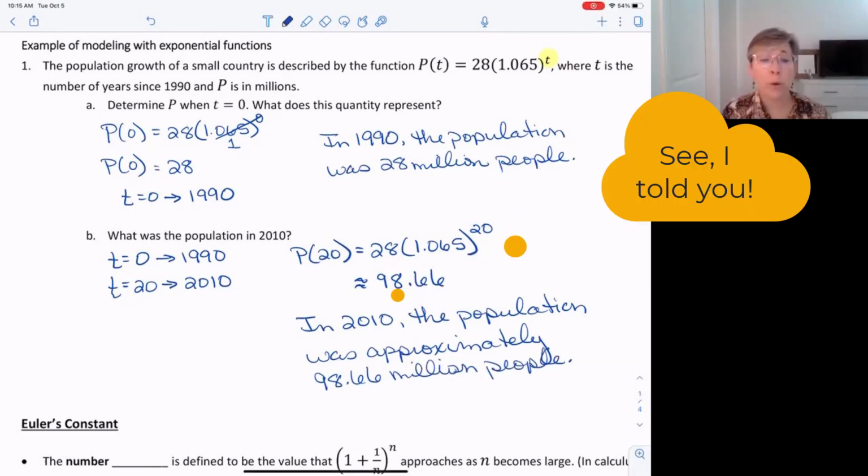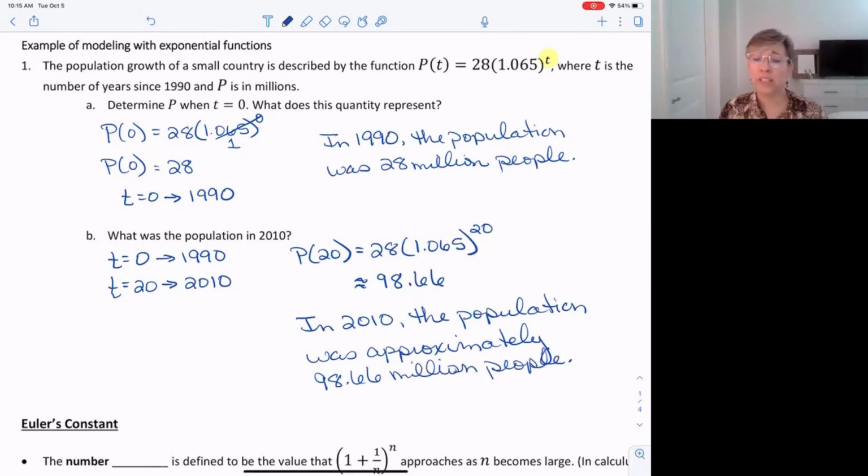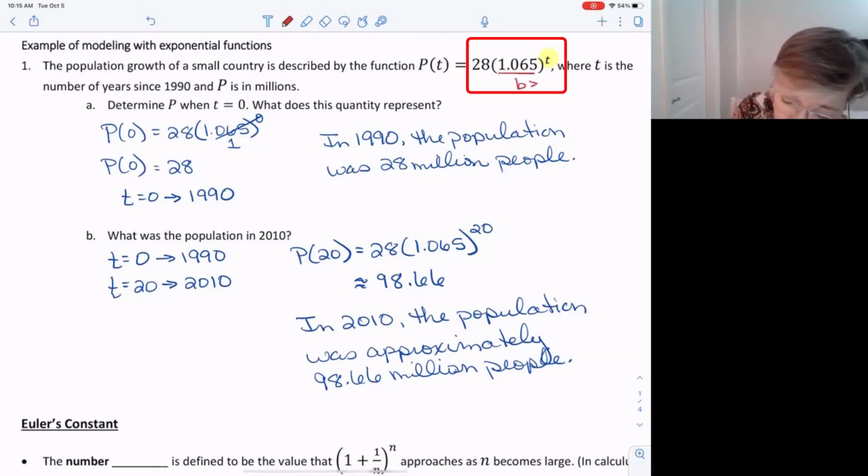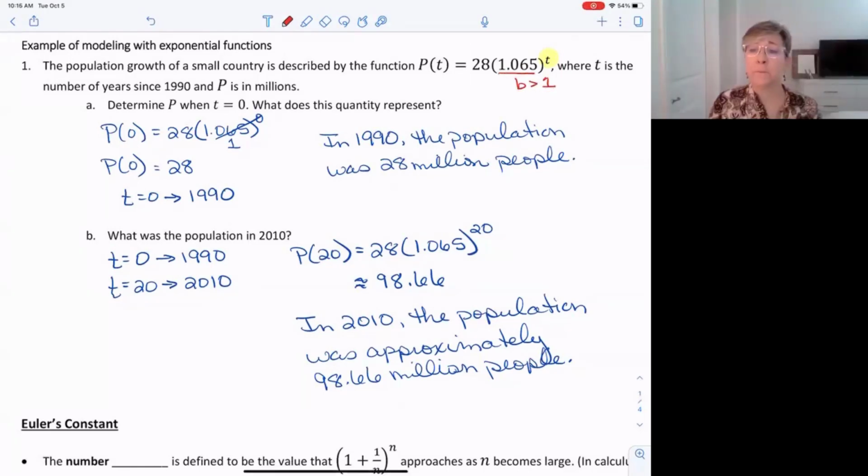Now, notice the population grew. It was originally 28 million people, and then 20 years later, it became 98.66 million people. Well, we knew the population was going to grow because this base b is larger than 1. Think of it again as a percent. 100% means you just get the exact same amount back. You multiply it by 1.